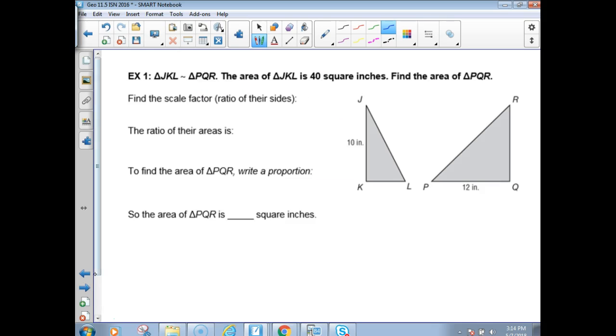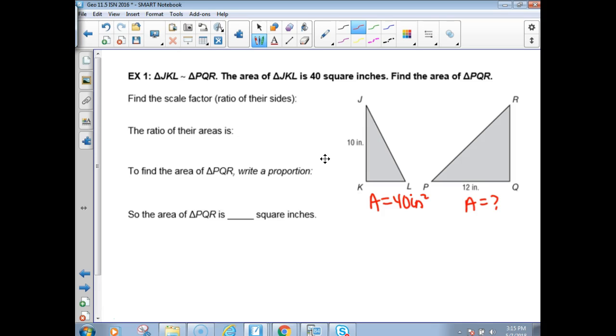All right, let's do some examples. We've got find the scale factor, which is the ratio of the sides. It tells you that triangle JKL and triangle PQR are similar. The area of triangle JKL is 40 square inches, and we're going to be finding the area of PQR.